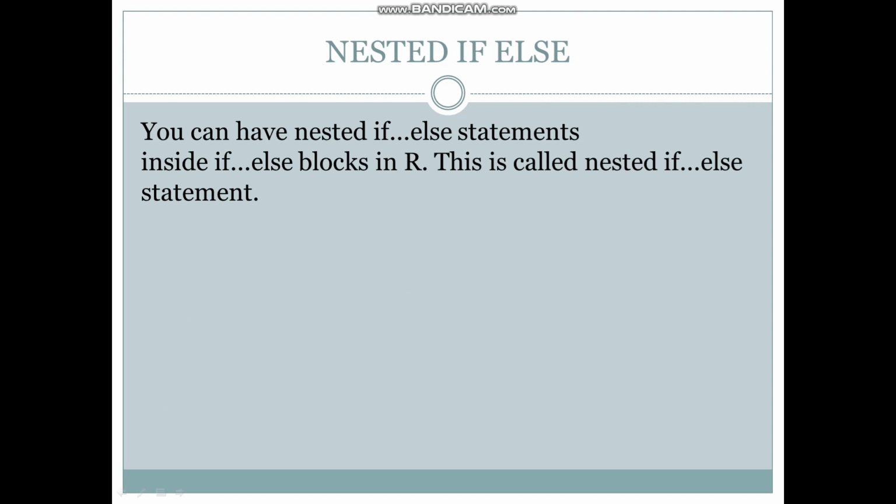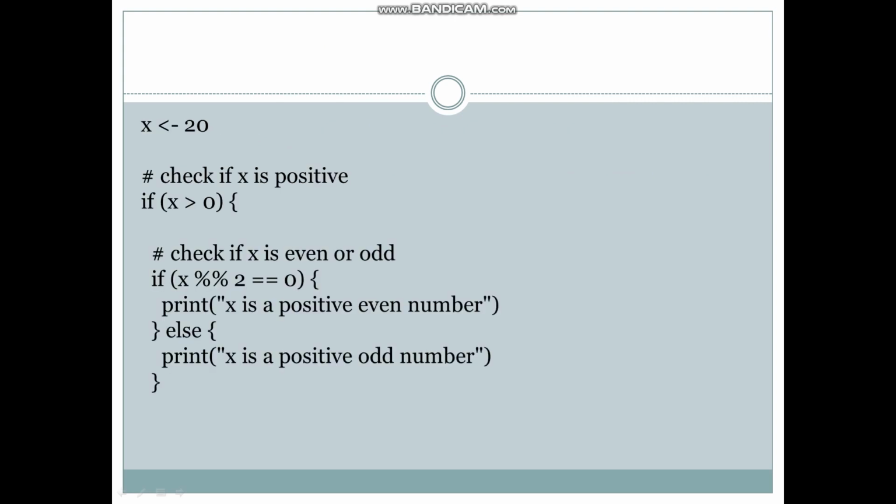Now the nested if else. You use nested if else statements inside if else blocks. We use this when we want to check a condition inside another condition. For example, let's say you want to check if a number is positive.